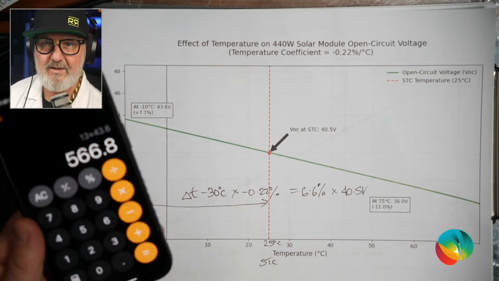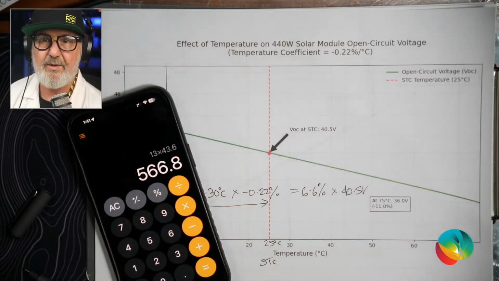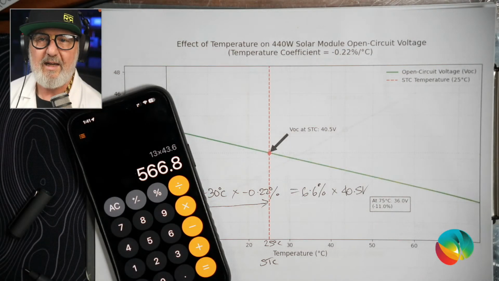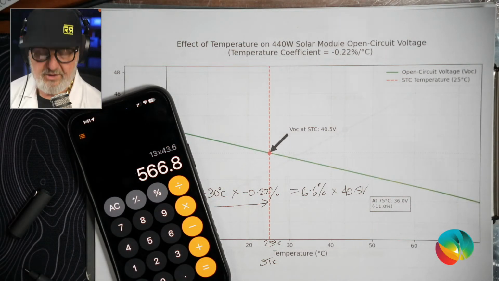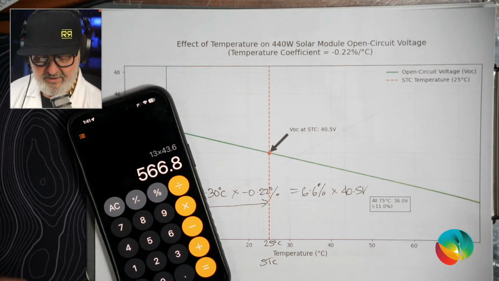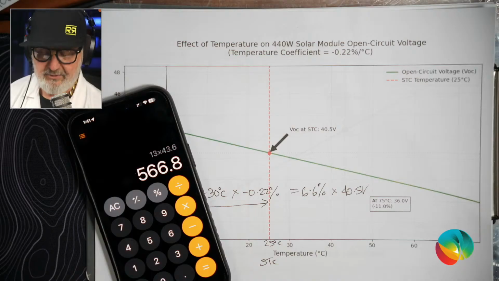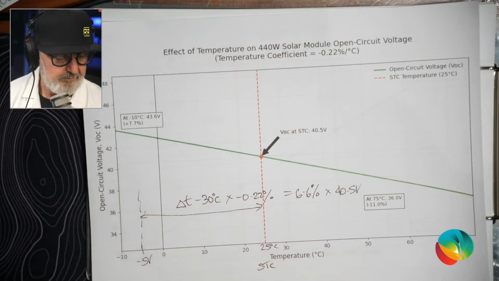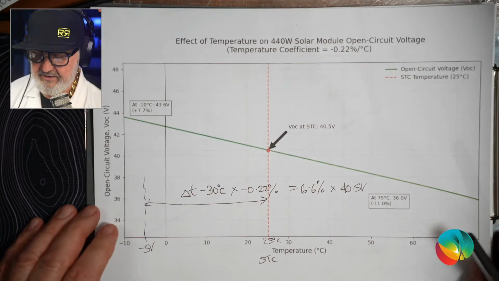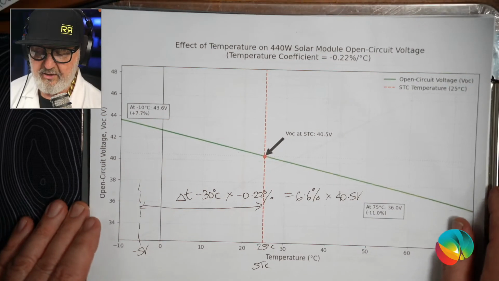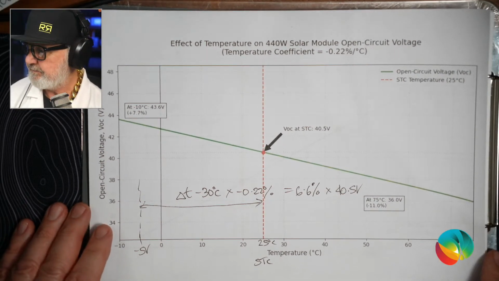So getting up there to that 600 mark, which is where a lot of single-phase inverters top out. Three-phase inverters generally have a higher maximum input voltage because they work more efficiently with a bus voltage significantly higher than a single-phase inverter, so they want the volts. They want to be up there in the 600 or 700 mark or even more. So there you go. That's the effect of temperature on open circuit voltage.